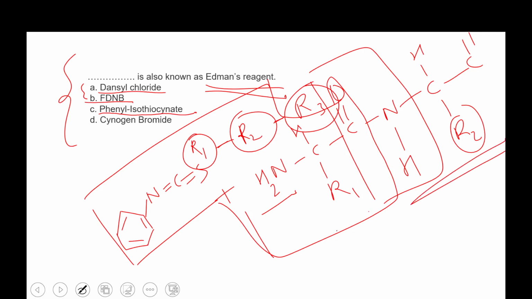Based on that, this one will get sequenced or screened for which amino acid it is, and like that, one by one it will be labeled, and all the amino acids will be sequenced, and that will tell the order of the amino acids in the polypeptide sequence. So Edman's reagent is phenyl isothiocyanate. It is an aromatic compound.